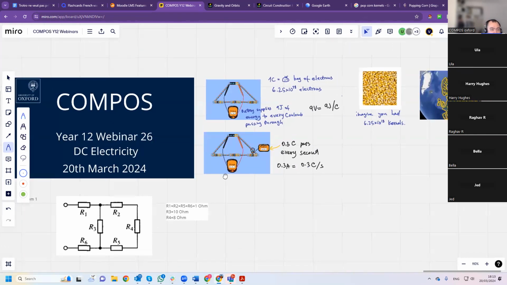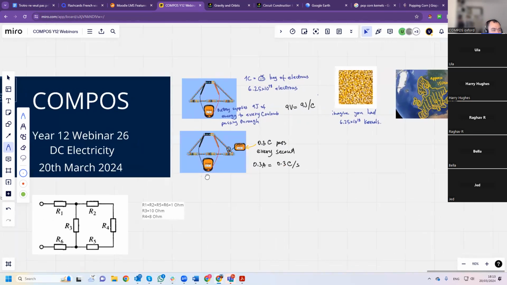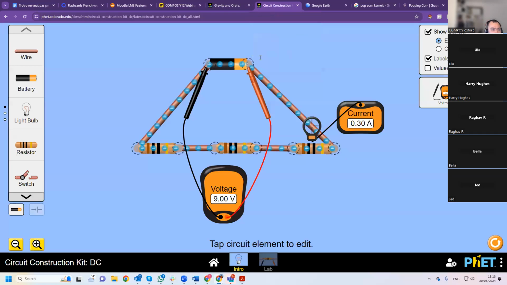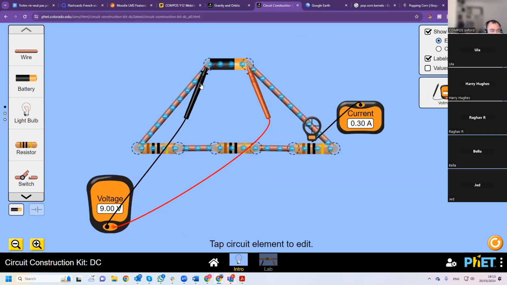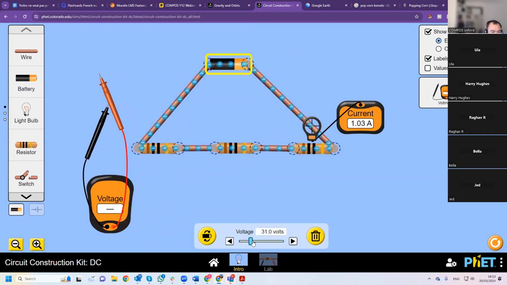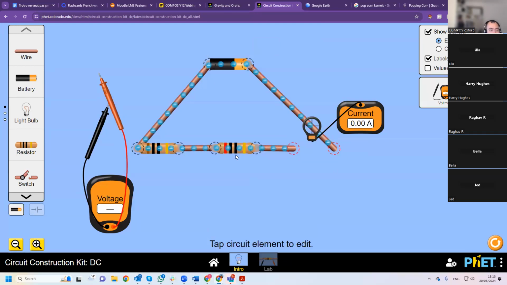Then we have some intuitive stuff about voltages. So let's pump this up to 24, and let's make this 10, 20, and 30. You know what? I actually want to replace them with light bulbs.